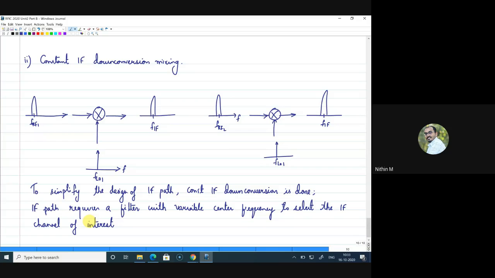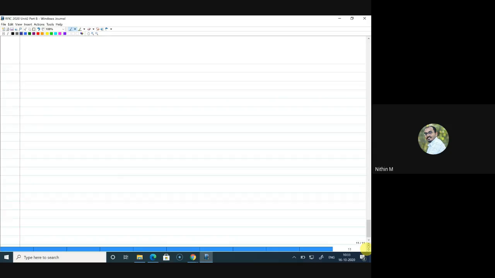Now let us quickly move to the next topic, where we'll try to understand what is called the image problem. Let me just start with the heading.